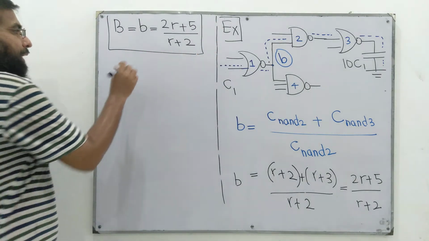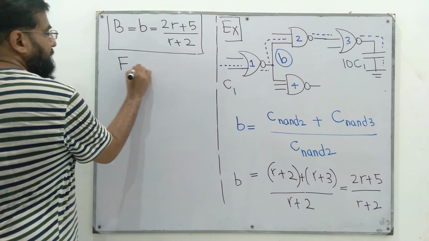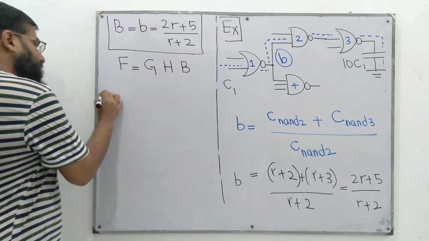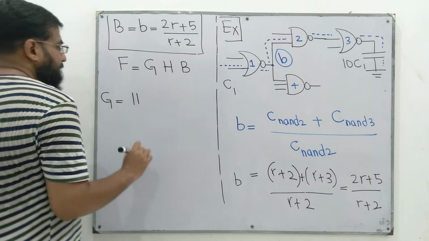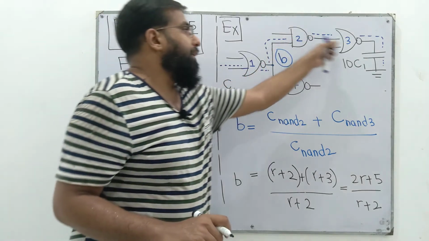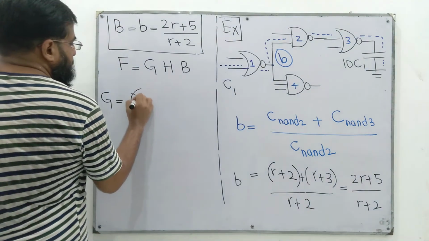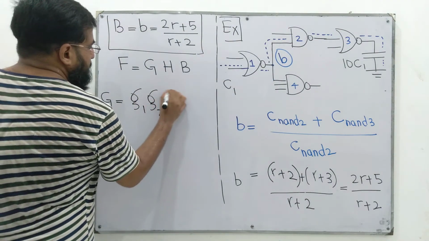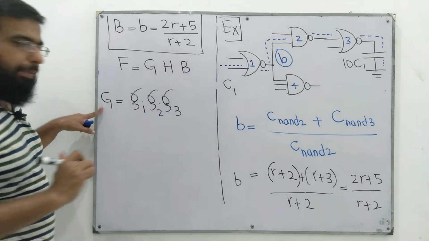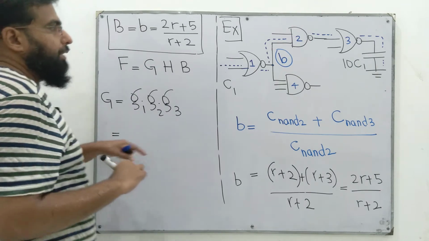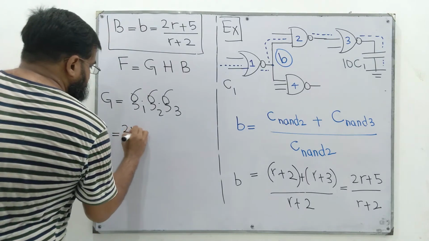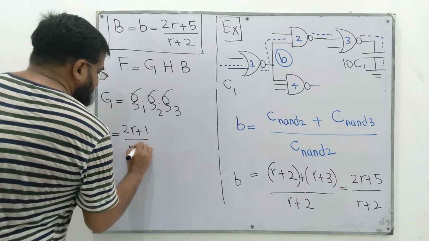In order to compute F, we know that capital F, the path effort, is G times H times B, where G is the product of the logical efforts of all the gates in the path. Here we have gates 1, 2 and 3 in the path. Therefore G1, G2 and G3 will be multiplied together to compute capital G. We know that G of gate number 1, a NOR 2, is 2R plus 1 over R plus 1.